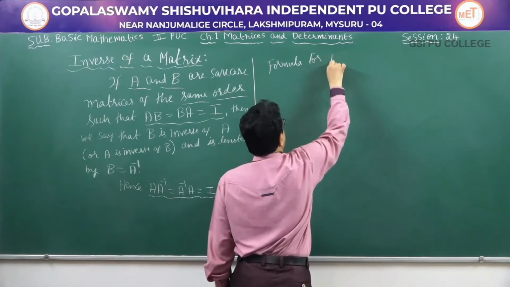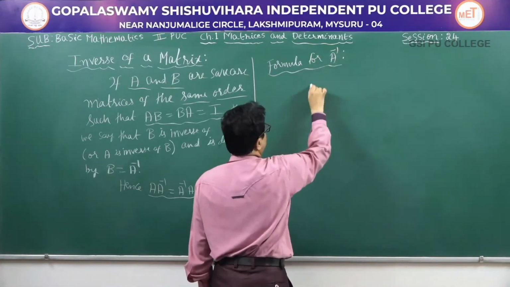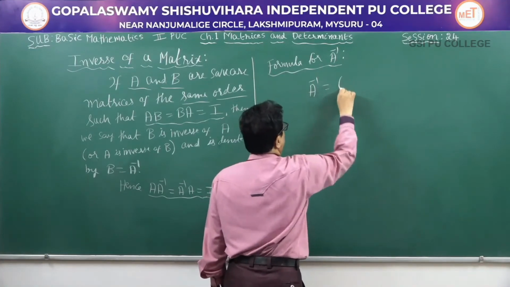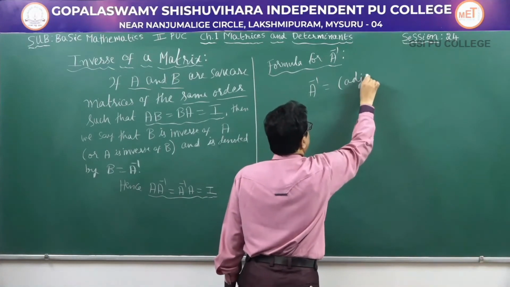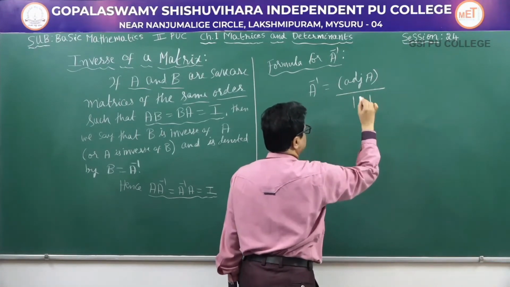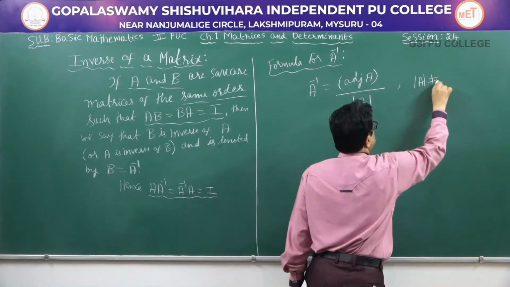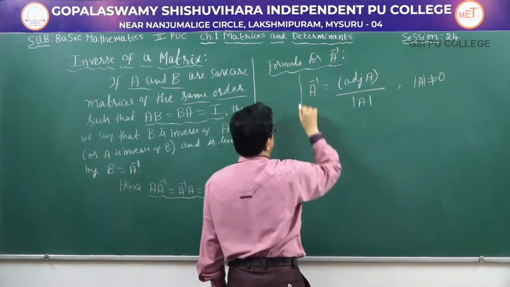Formula for A inverse. A inverse is equal to adjoint A by determinant A, provided determinant of A is not equal to 0.